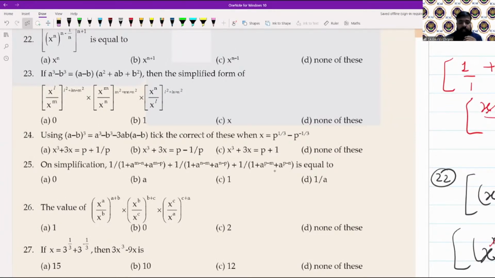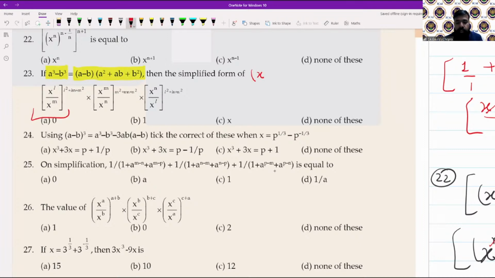Question 23 has given a formula, a cube minus b cube. This is the property which we normally study in class 9th and 10th. So what is the property? This means a minus b into a square plus ab plus b square. So if we take only the first portion, what will happen?